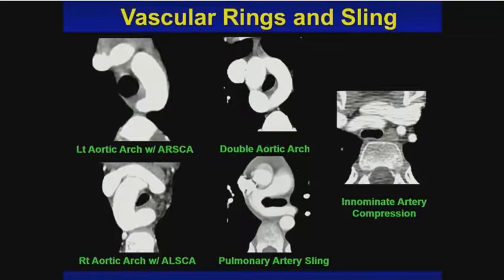And these are corresponding CT images: left aortic arch with aberrant right subclavian artery, not a true vascular ring, but a small percentage of patients may have a ligamentum arteriosum on the right side, making it a complete vascular ring. Right arch with aberrant left subclavian artery, double aortic arch, pulmonary artery sling, and anterior compression of the trachea at the level of the thoracic inlet, innominate artery compression syndrome.